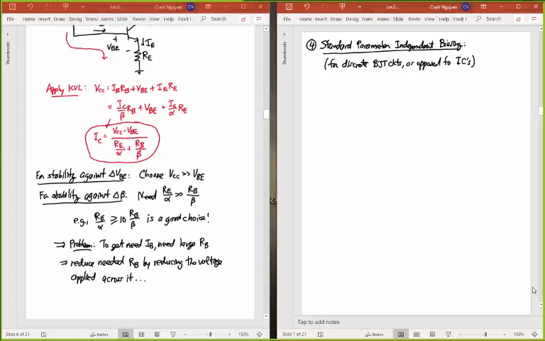Well, you know what current sources are, but we'll use current sources that are going to be designed using transistors themselves. But at least for discrete circuits, which you'll be building in this class using your lab kit, this is the standard circuit that you'll be building time and time again. And so now you understand why you're doing it, because you want to make sure that this circuit is resilient against changes in transistor parameters.